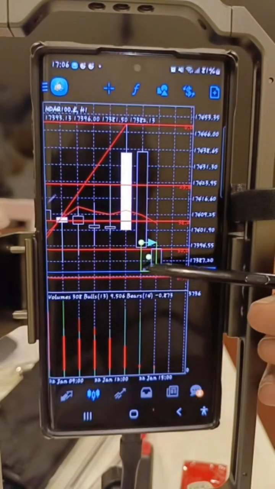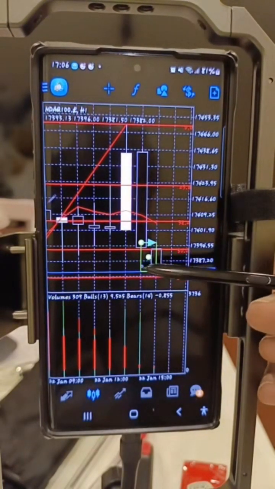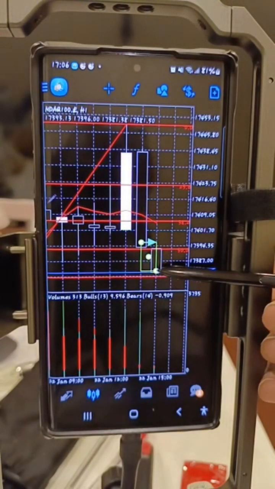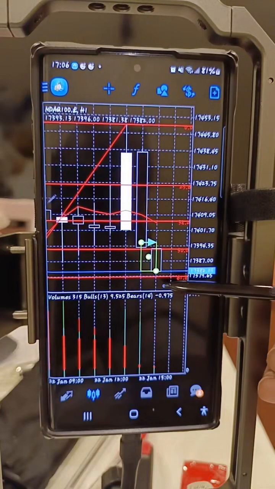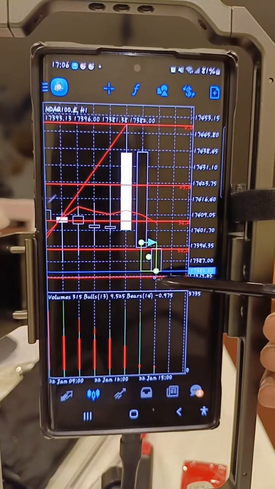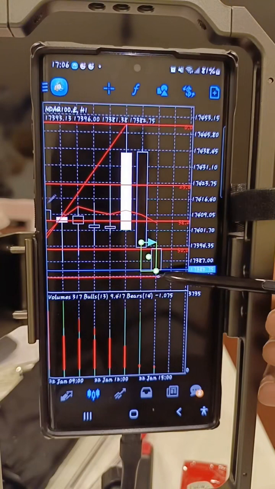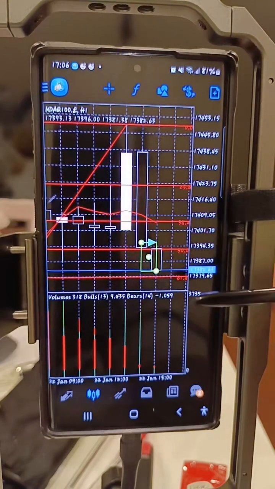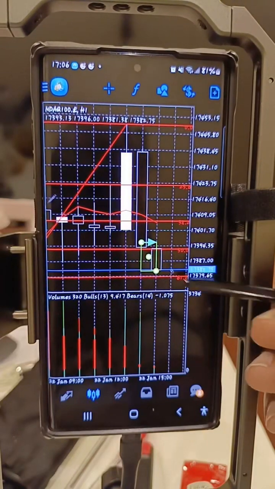So this purchase, this order that came in during this hour, has now been sold off. So let's see if any more orders will come in at 66.61, at the fib.